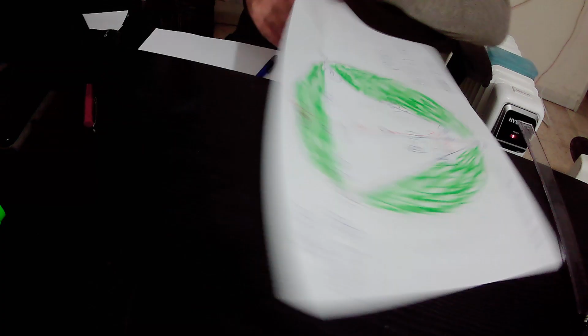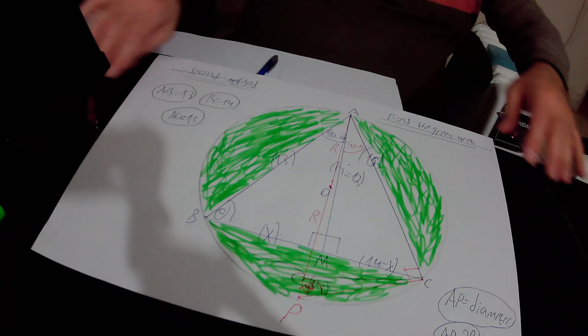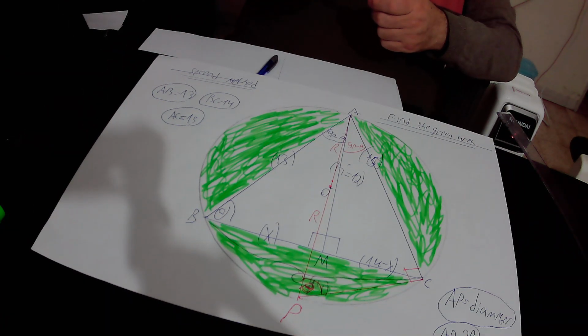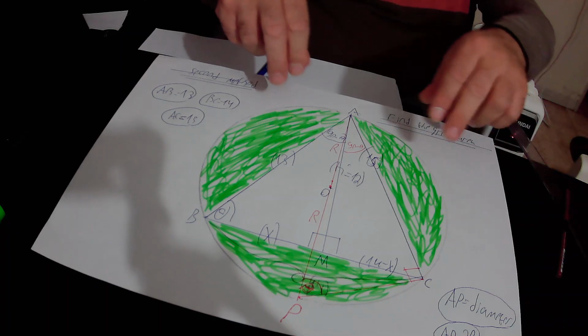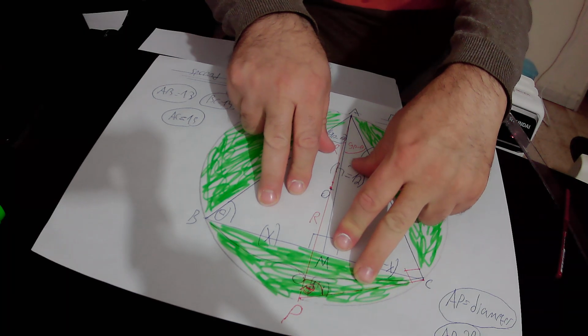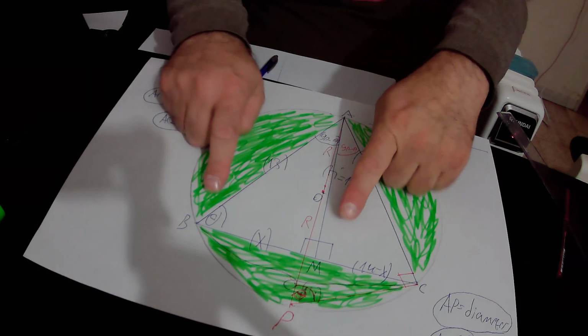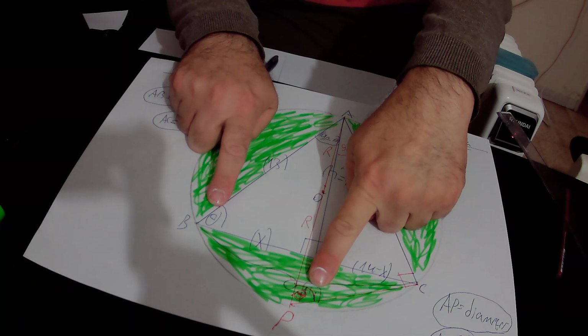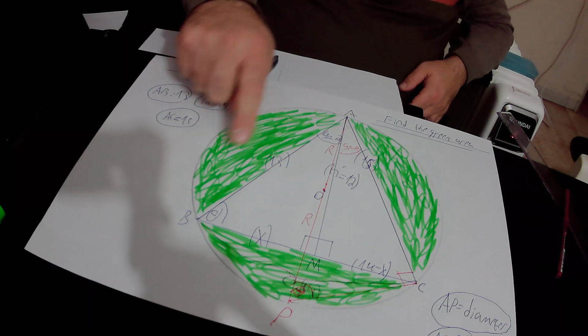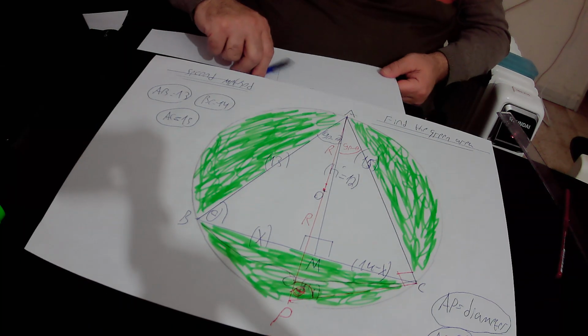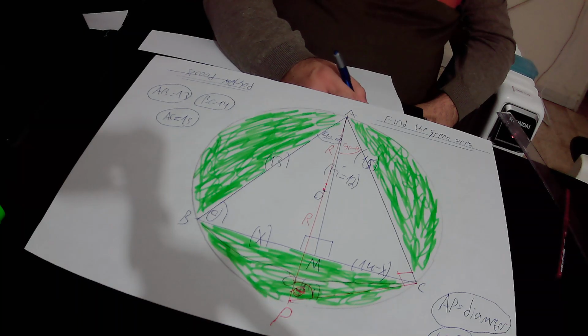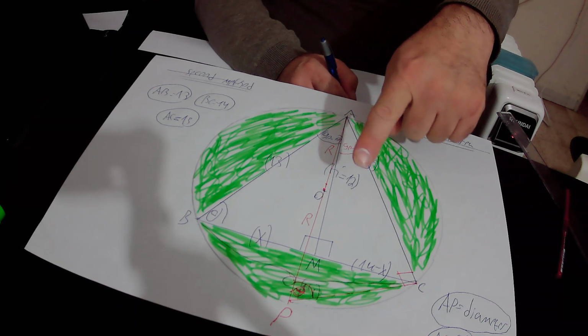So, why are those two right triangles similar to each other? First of all, those two angles are both equal to theta, therefore they are equal to each other. We can write down that this is angle ABM, and it is equal to this angle.